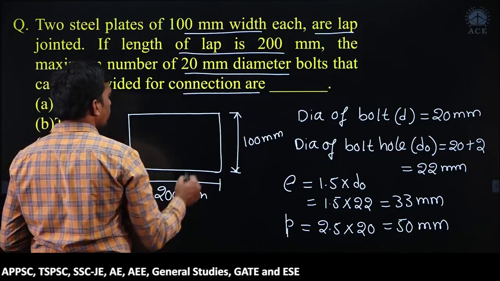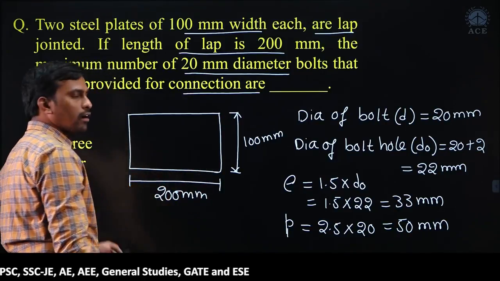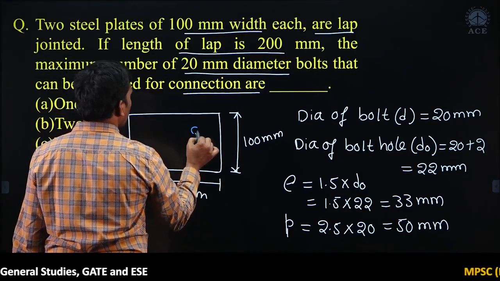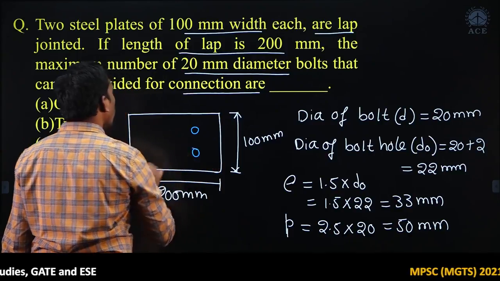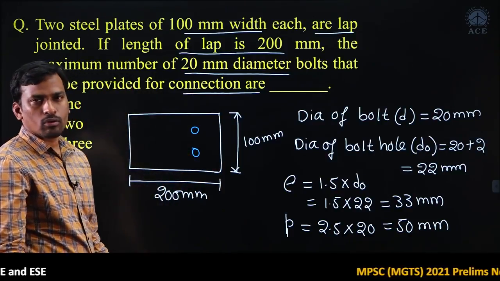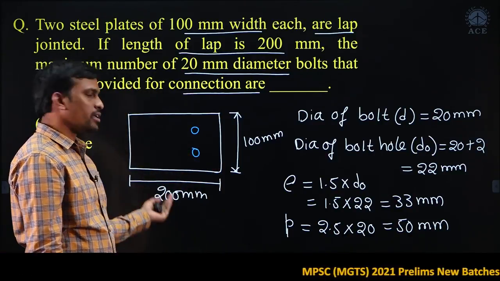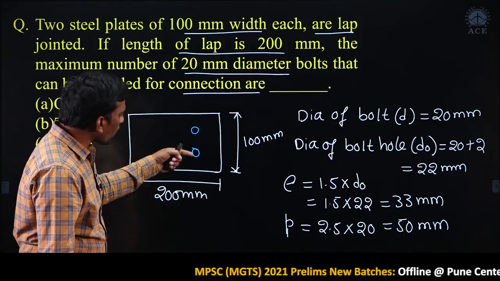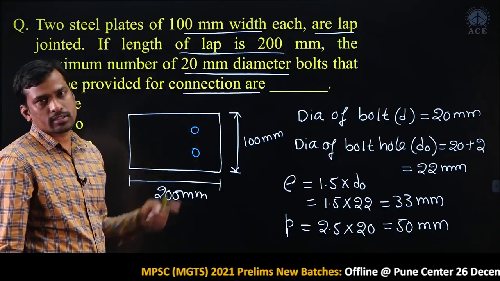So, along the width, how many bolts can we accommodate? Maximum. For example, I am assuming 2 bolts. I do not know whether it is less than 2 or more than 2. Initially I am trying to accommodate 2 bolts here.